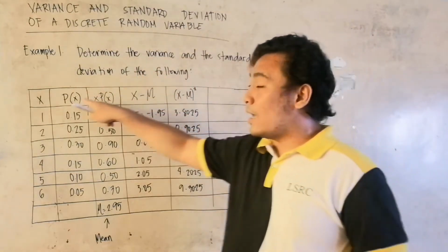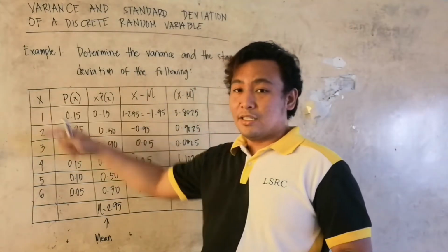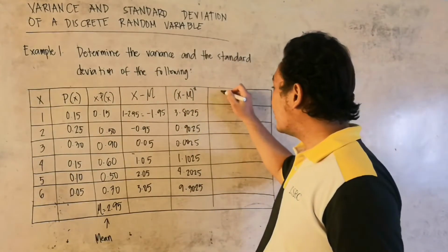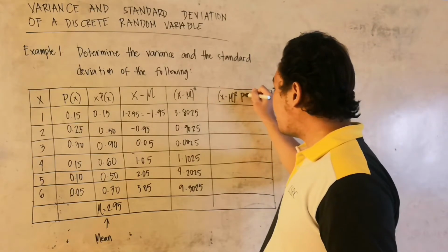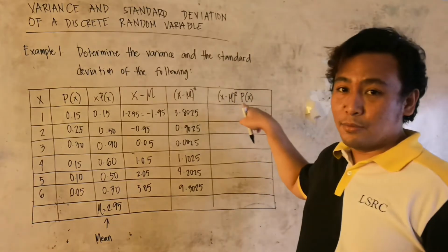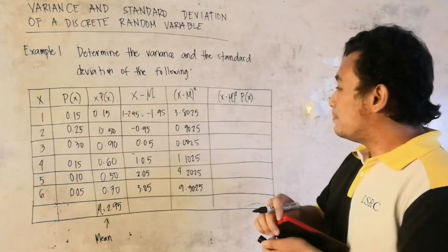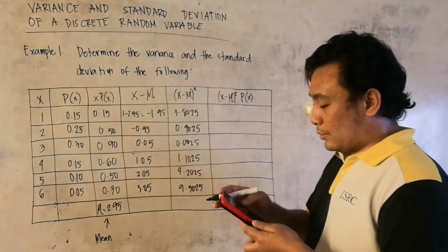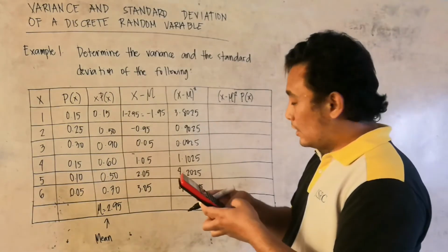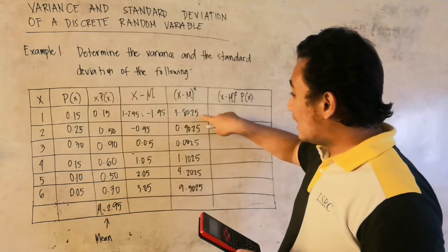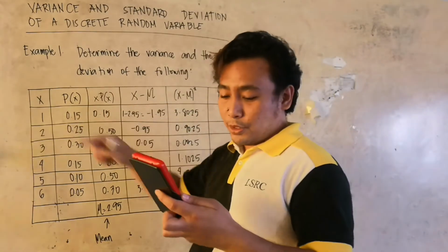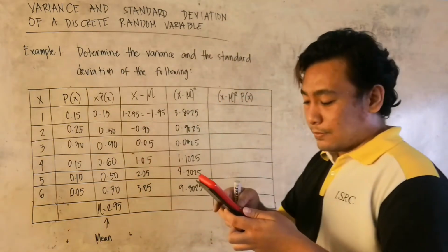So lastly, sa formula din natin, after natin makuha itong x minus mu squared, we are going to multiply this with the probability. So for this column is x minus mu squared multiplied by p of x. So for this, 3.8025 multiplied by 0.15.